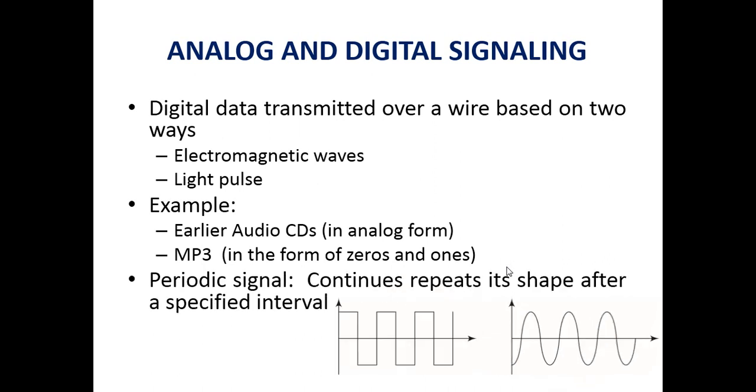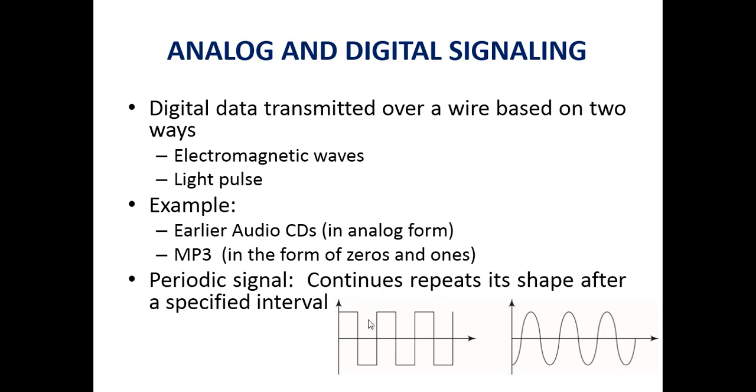The first is the periodic signal. It means it repeats itself after a specified interval. First is the digital periodic signal. That is an example of a digital periodic signal. A digital signal is in the form of a square wave, which repeats after some duration at a specific interval.